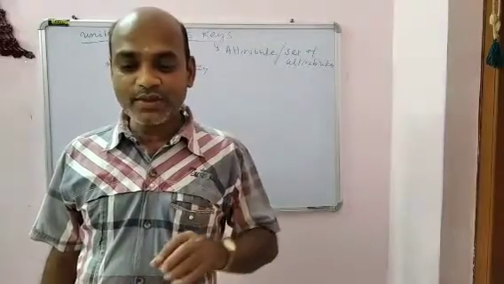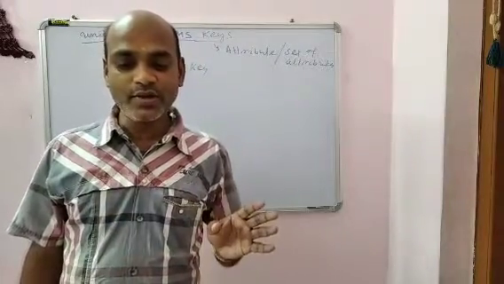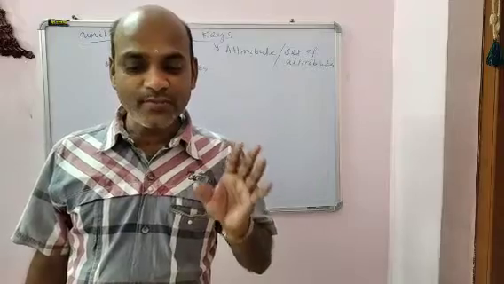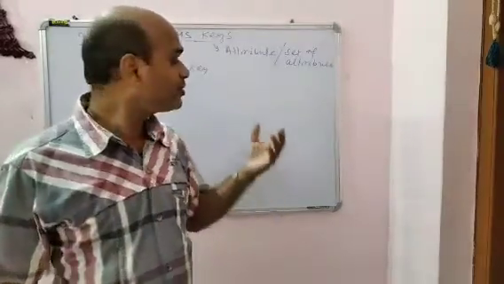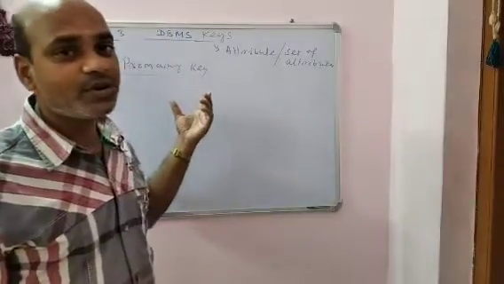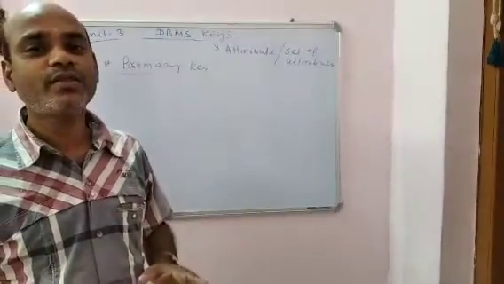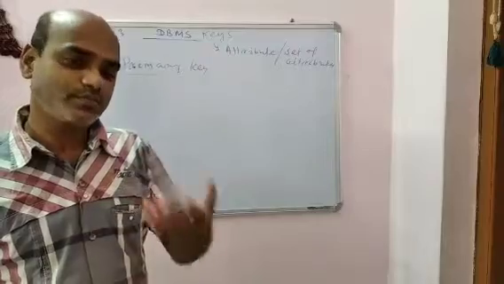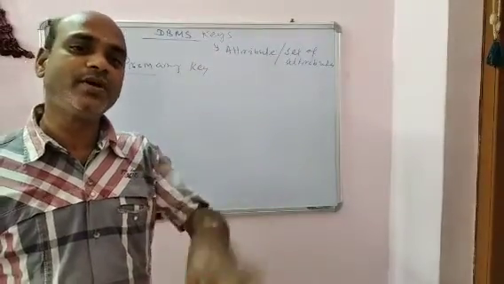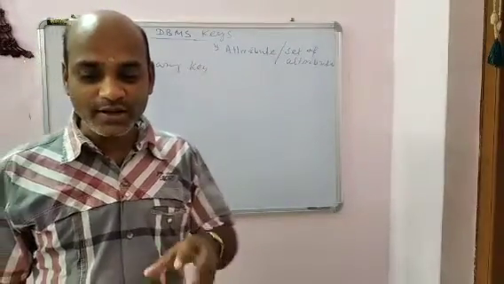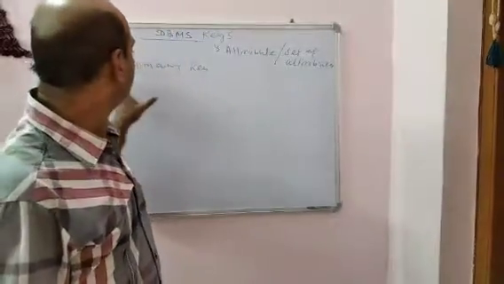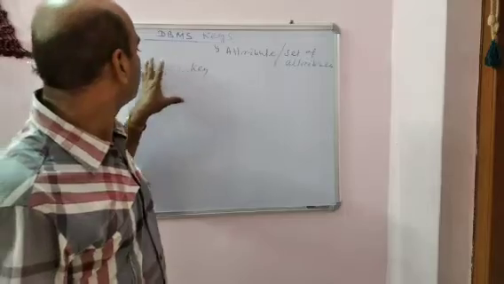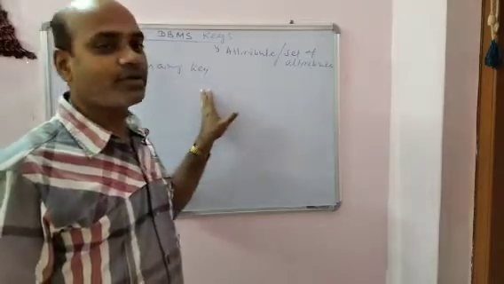The primary key cannot be duplicate, meaning the same value cannot appear more than once. Suppose a primary key value is given, there will be no chance to place the same value again. A table cannot have more than one primary key, and a table must have a primary key.